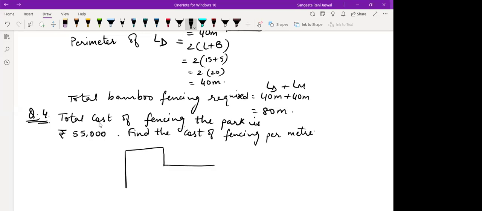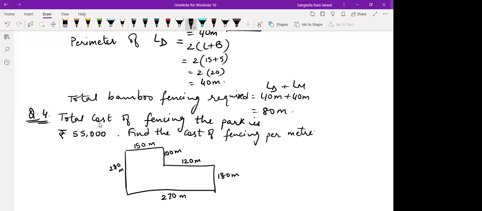Please note down. This side is 270 meters. This is 180 meters. This part is 120 meters. And this side is 100 meters. This is 150 meters. And this side is 280 meters.